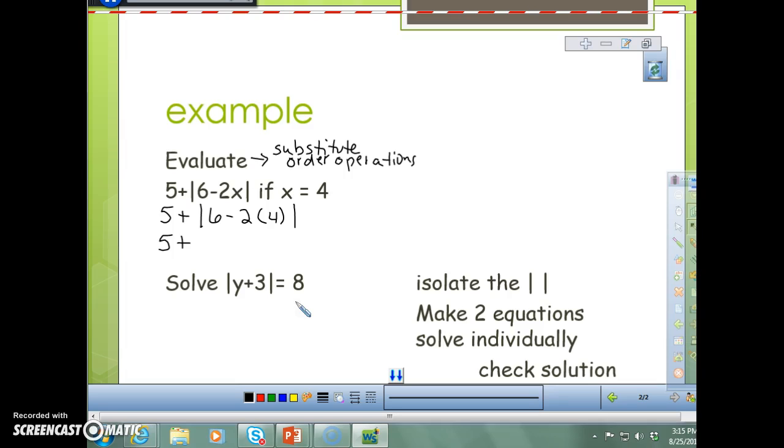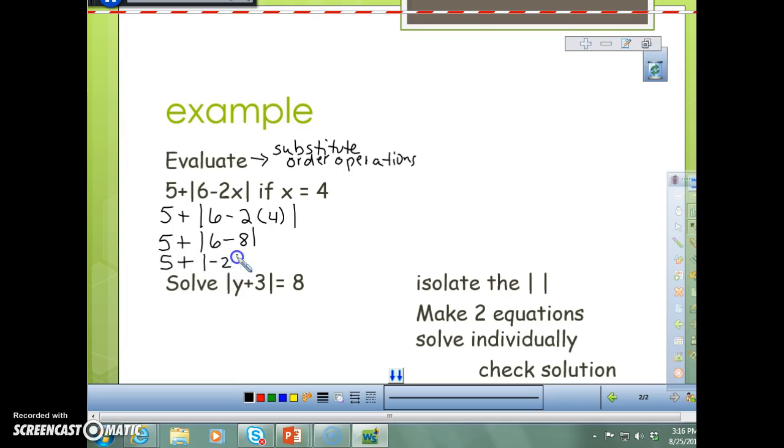Because it's absolute value, we have to change it to distance, not just the number. So which part are we going to do first? Are we going to do 6 minus 2, or are we going to do 2 times 4? 2 times 4. Okay, so we're going to have 6 minus 8. 6 minus 8 is negative 2.